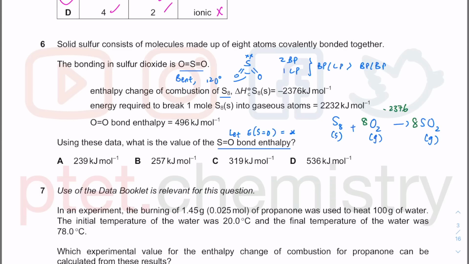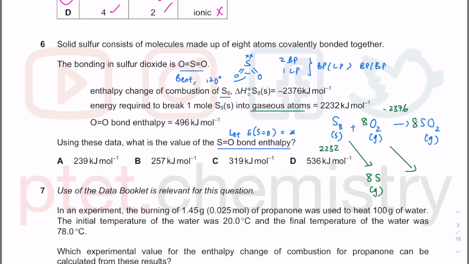The other thing is, this is atomization. It's not really atomization because you're breaking 1 mole of S8 and you're going to form 8 moles of gaseous sulfur atoms. Based on the information, that alone is 2232 kilojoule per mole, but that is forming 8 moles of this gaseous atom. So this is actually 8 times the atomization of sulfur based on the definition.